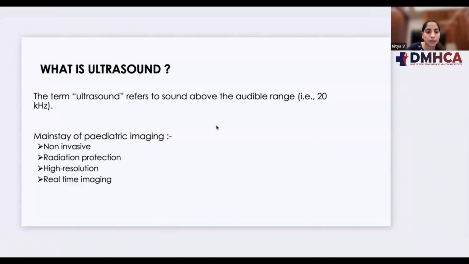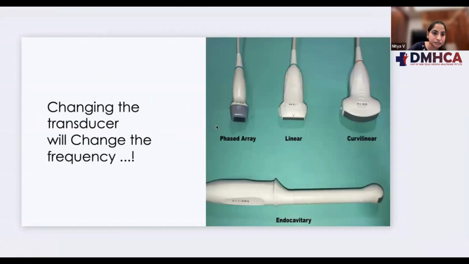Although we are getting a high resolution image from the CT and MRI as well, the real time imaging that is provided by the ultrasound is unimaginable. So we are getting the bowel movements, the diaphragm movements, movement of the different structures, even whether the gallstones are mobile or not. We are getting that information from the ultrasound.